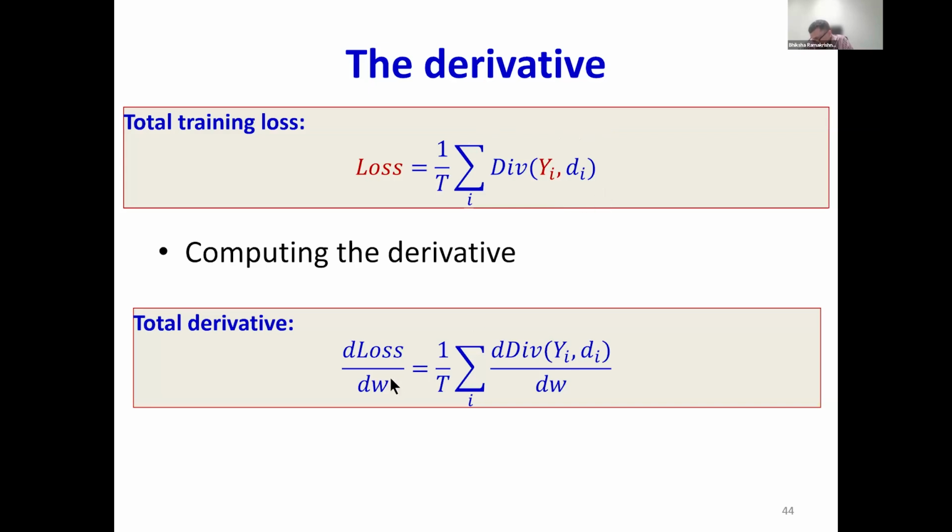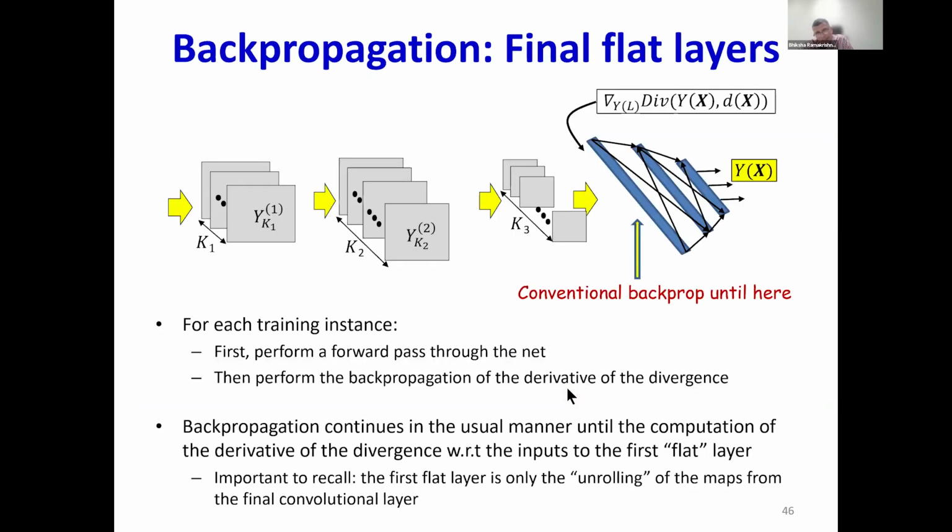So the derivative of the loss with respect to any parameter is also the average of the derivatives of the divergences for the individual instances with respect to the parameter. And so this is the term that we would have to compute all over again, just like in the case of the MLP. So how would we go about it?